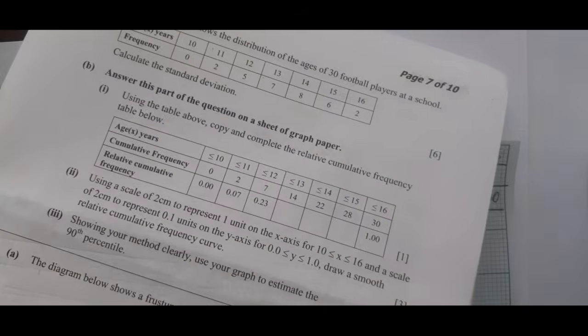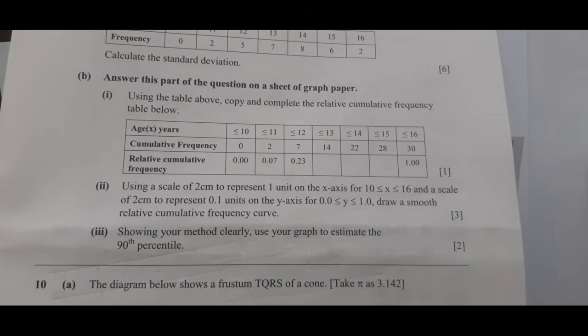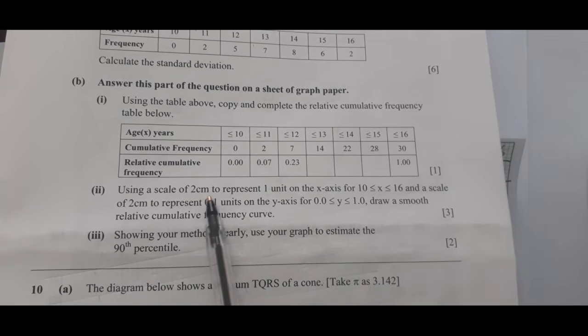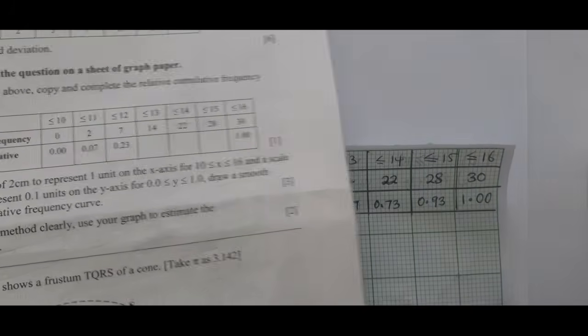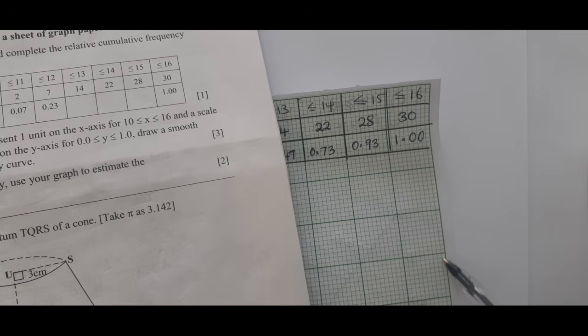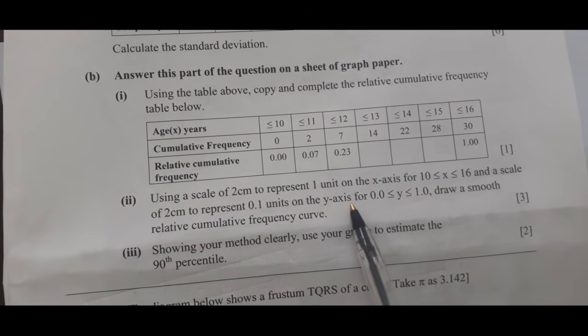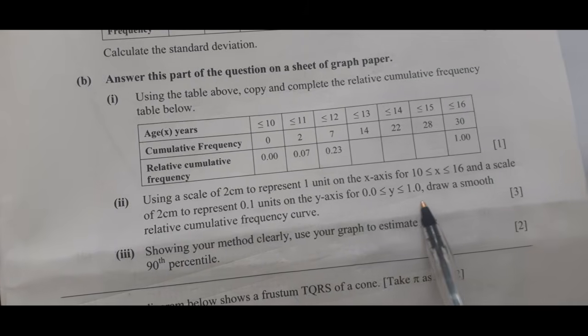Then now we come to the Roman numeral 2. So using a scale of 2 centimeters, this is the 2 centimeter box here. This is 2 centimeters from this point up to this one, and from here up to this one. Using a scale of 2 centimeters to represent 1 unit on the x-axis from 10.